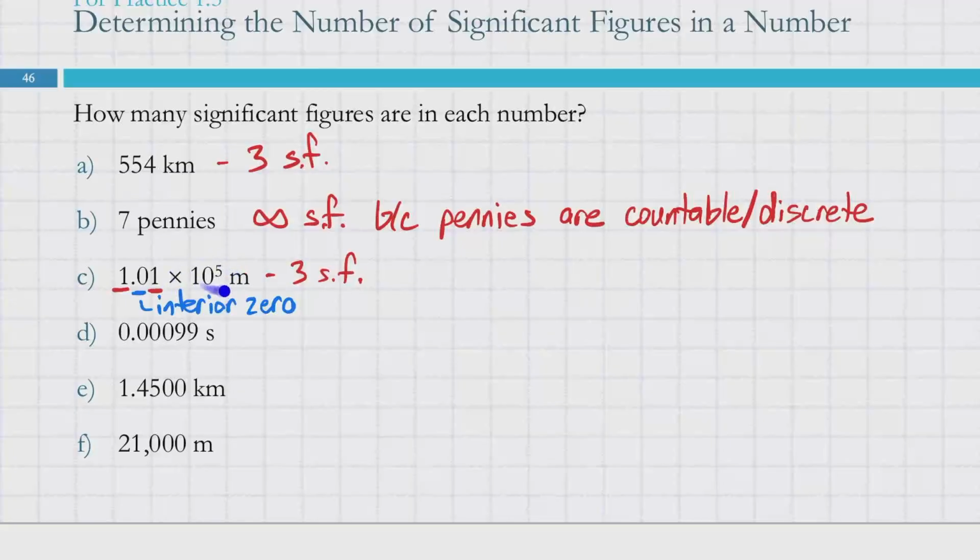We would never count this times 10 to the 5 part. That doesn't get counted for significant figures. How about D, 0.00099 seconds? This one is going to be 2 significant figures, because the leading zeros don't count.